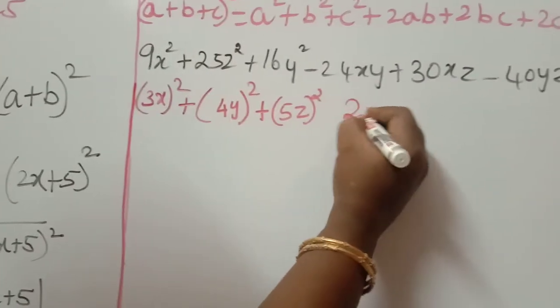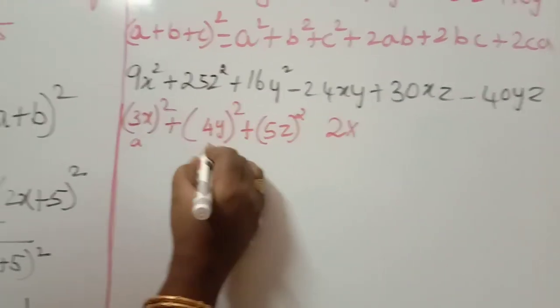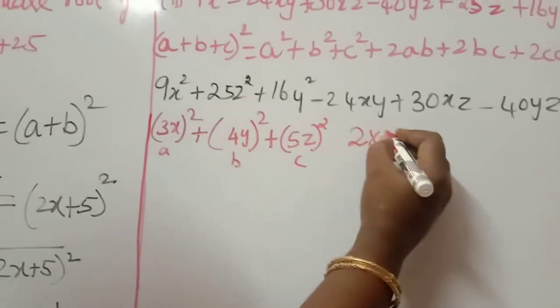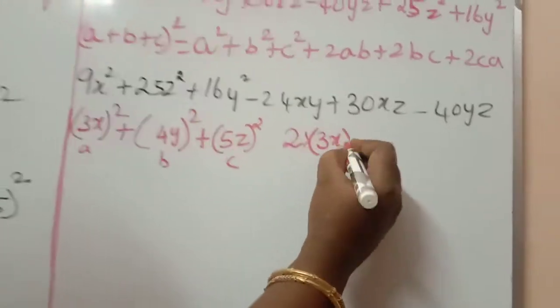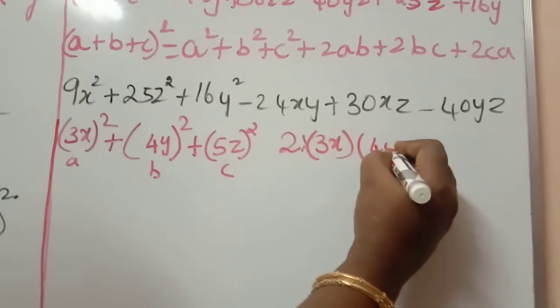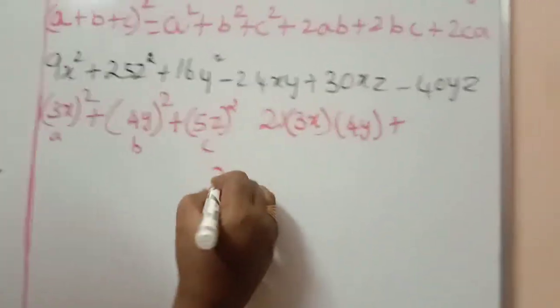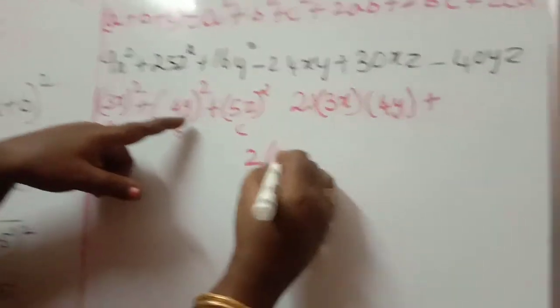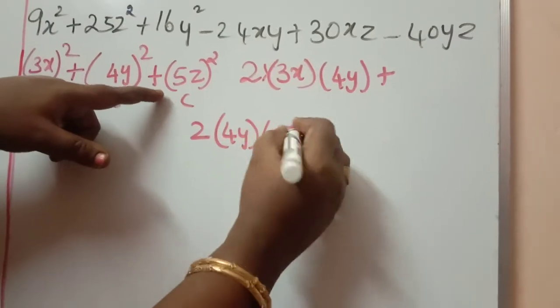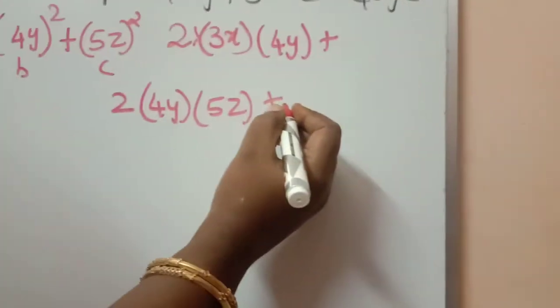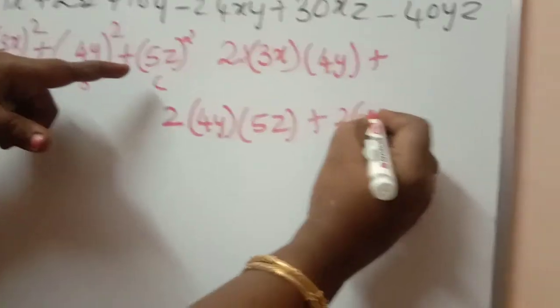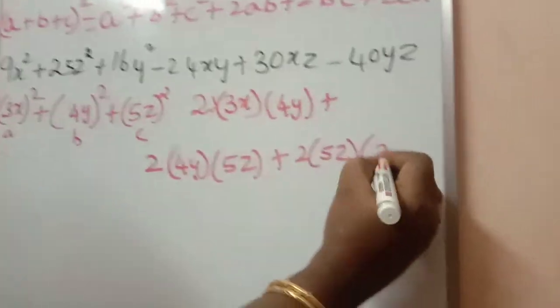Next 2ab, 2 into, this is a, b, c. 2 into 3x into 4y plus 2 into bc, 4y into 5z plus 2ca, 2 into 5z into 3x.